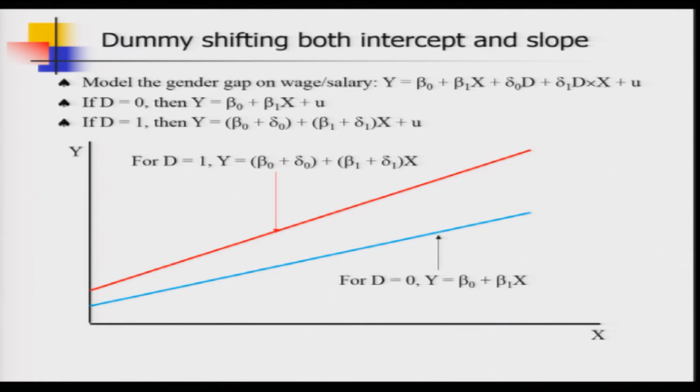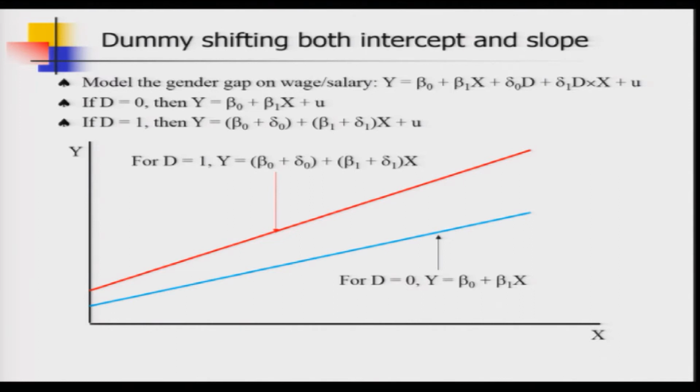As usual the light blue straight line depicts the relationship between wage or salary and the number of years in job, and if you assume positive values for delta naught and delta 1, you get a red straight line for the male counterpart in the labor market.